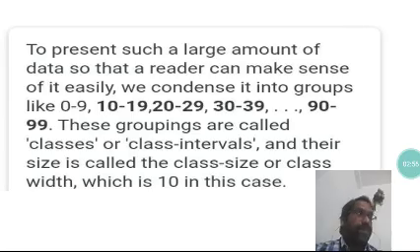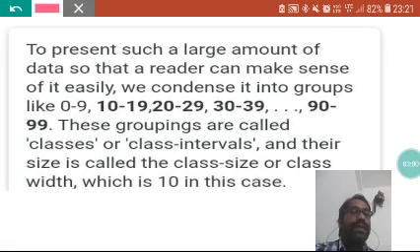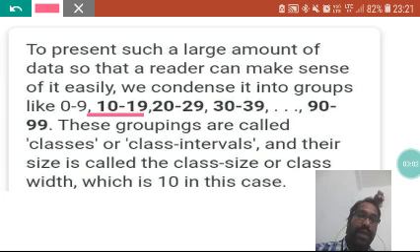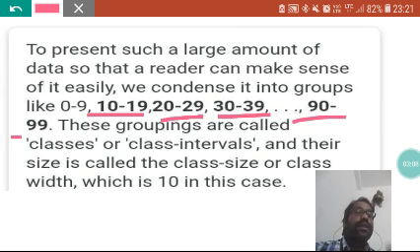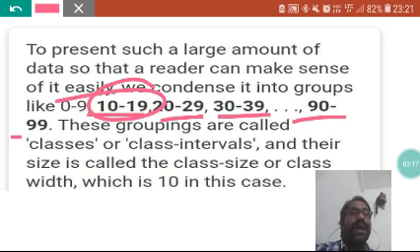Like here, a group of 10 to 19, a group of 20 to 29, a group of 30 to 39, and so on. Now this will be easy. Suppose we want to see something in the group of 10 to 19, we don't have to search here and there. We'll directly go to this group and find the results. For that reason the data are condensed into class intervals.